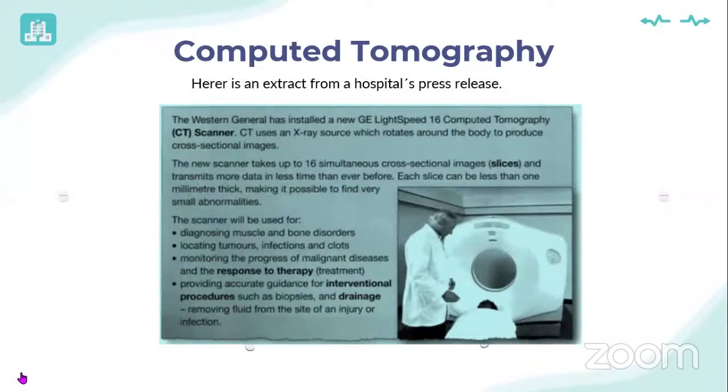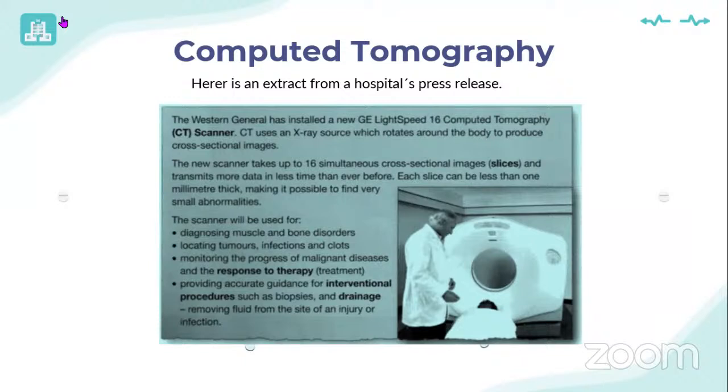And here, Ale, can you read this part, please? Sure. Computed tomography. Here is an extract from a hospital press release. The Western General has installed a new GE Lightspeed 16 computed tomography CT scanner.